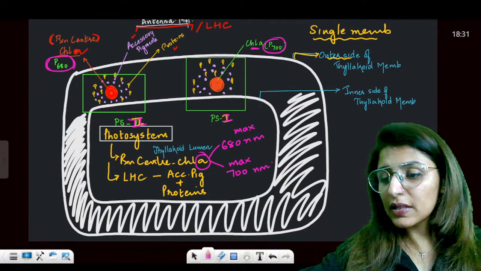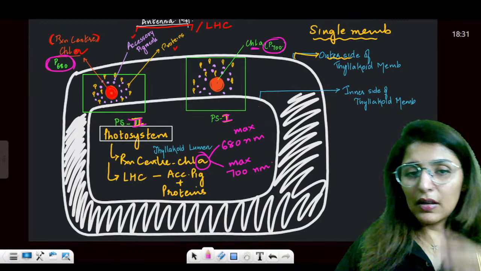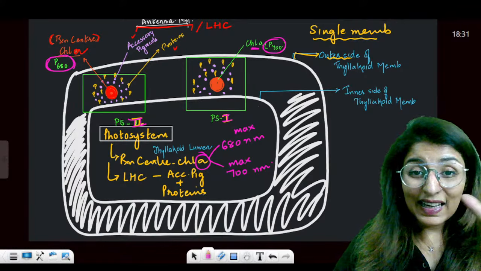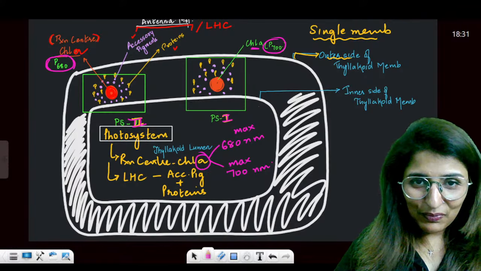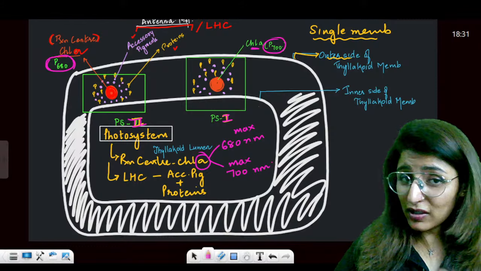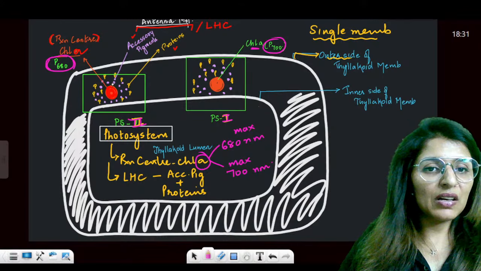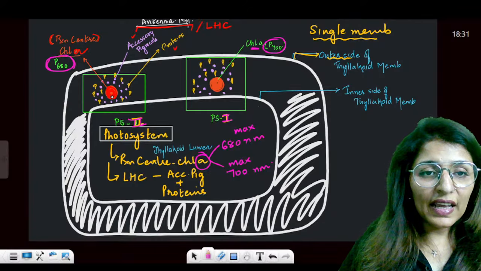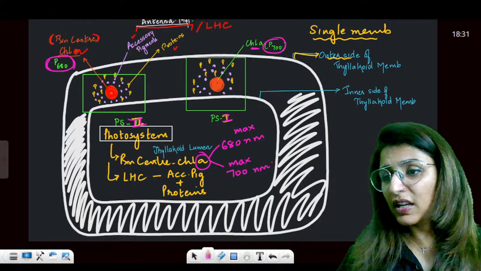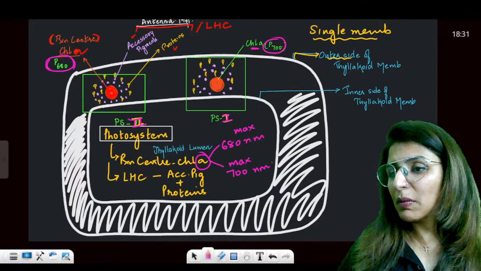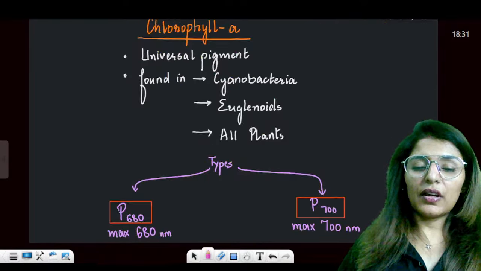Now, when you have understood where all these are located, this is very, very important. By the way, the reaction center is towards the inner side of the thylakoid membrane. This chlorophyll A center, the reaction center, is towards the inner side of the thylakoid membrane.